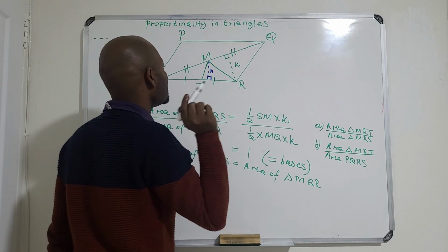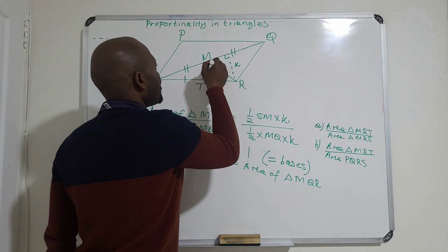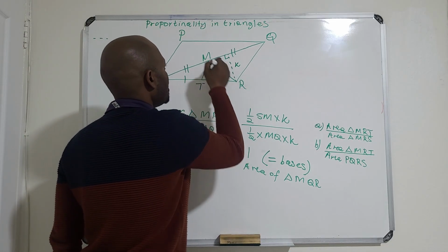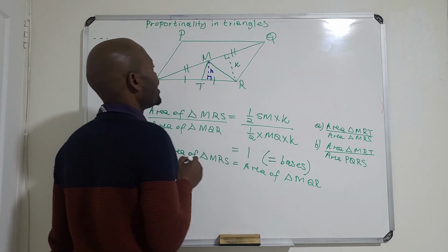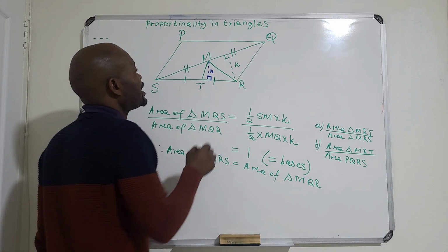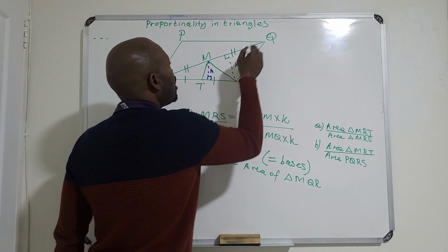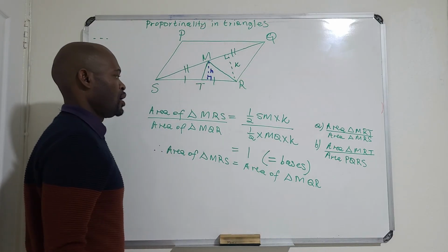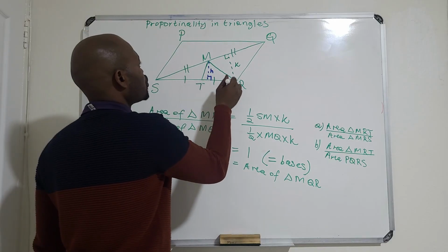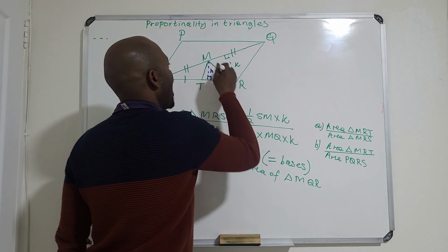Since the ratio of the area of this triangle over the area of this triangle is half, it also means that the ratio of the area of this triangle over this triangle is half as well, because these two triangles are equal.